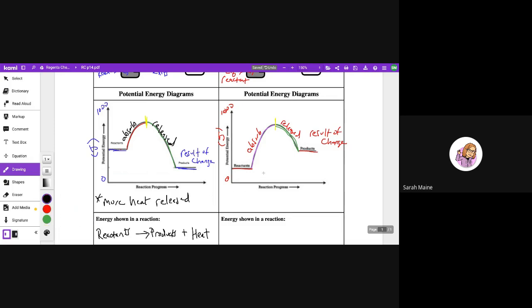But in this case, we'll notice that the side of the hill that goes from reactants to the peak is much longer than the opposite side, peak down to the products. So what that indicates to us is, in this case, more heat is absorbed. And because more heat is absorbed than released, we would classify this overall as an endothermic process.